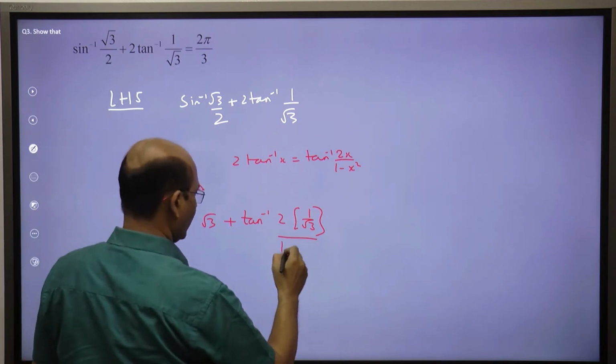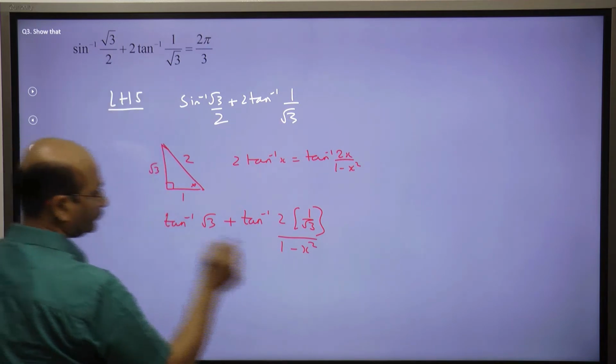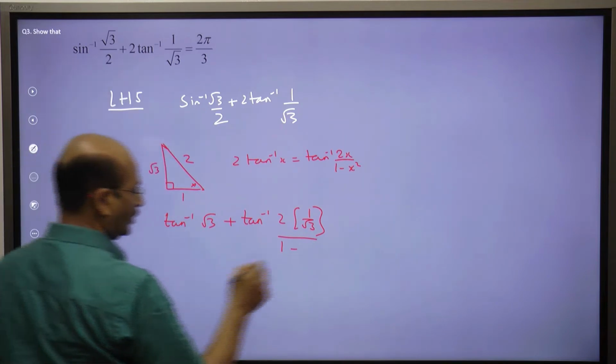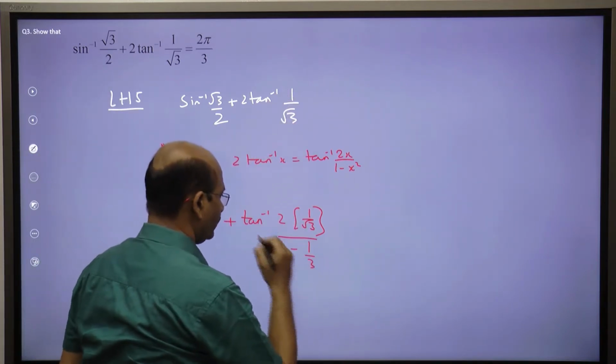Now x is 1 upon root 3, so x square is 1 upon 3.